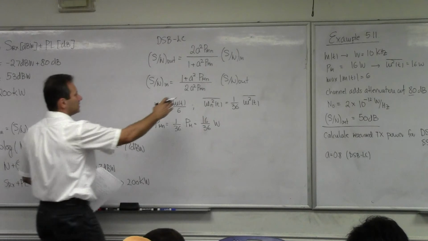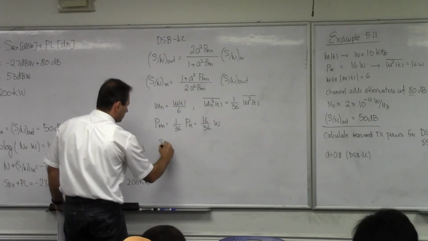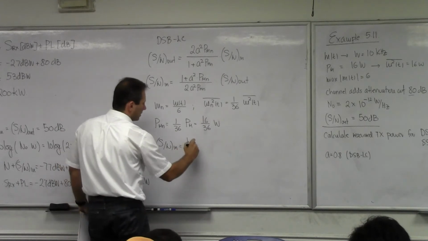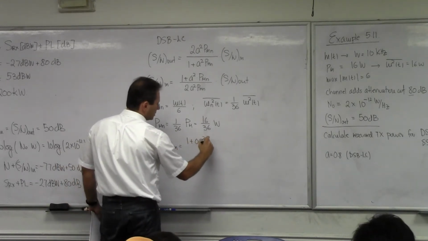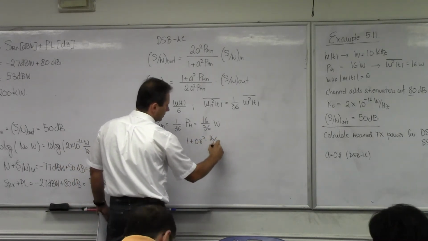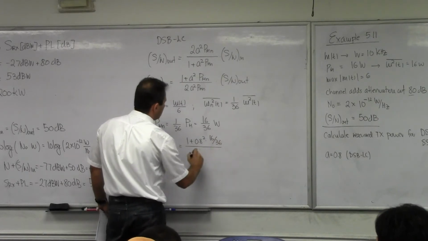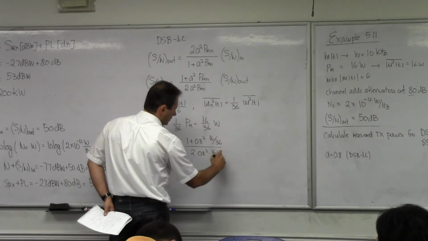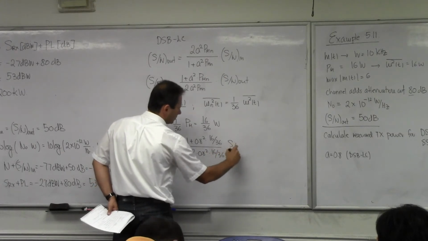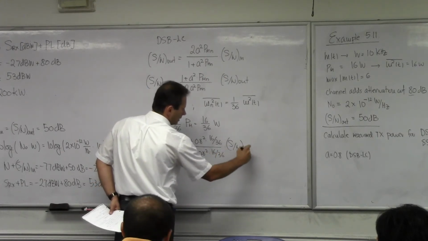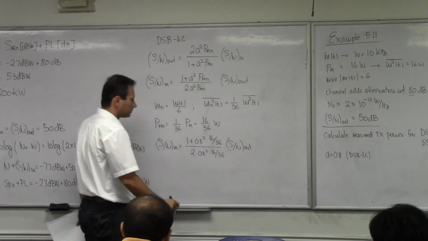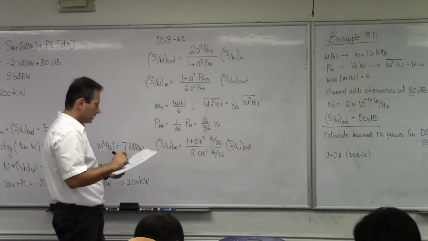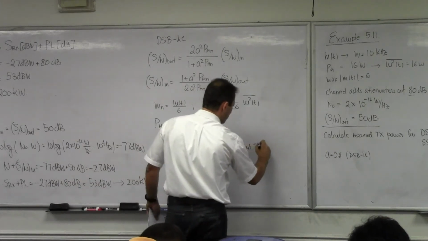Now I can plug this in here, and you get that the signal to noise ratio at the input needs to be 1 plus 0.8 squared times 16 over 36, divided by 2 times 0.8 squared times 16 over 36, times the signal to noise ratio at the output. This number, when you calculate it, is 225.